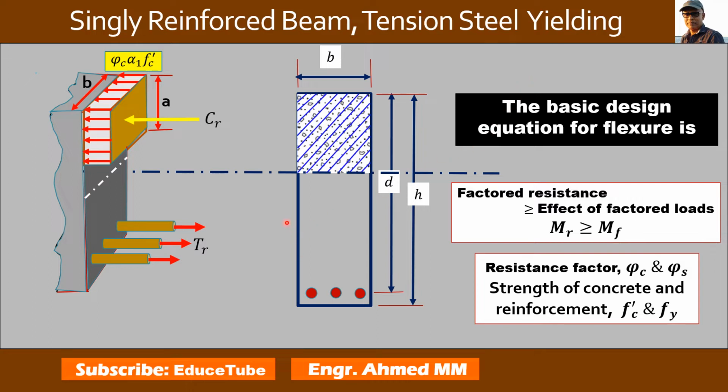Now, this is the equilibrium of forces acting on the cross section. Here we can see this is a typical cross section, and this one is an isometric view of the stress distribution. And one important thing here, we can see there is a force couple CR and TR. Regarding this, we shall see in detail in the next slide.